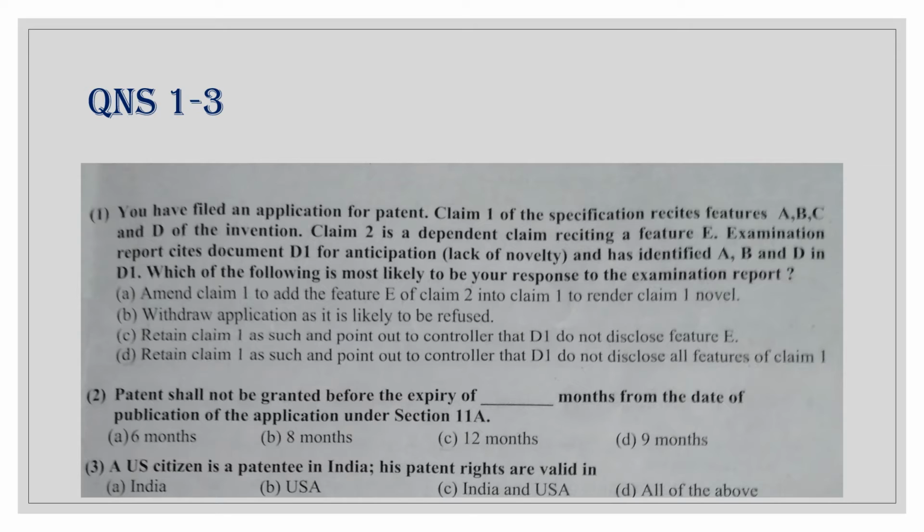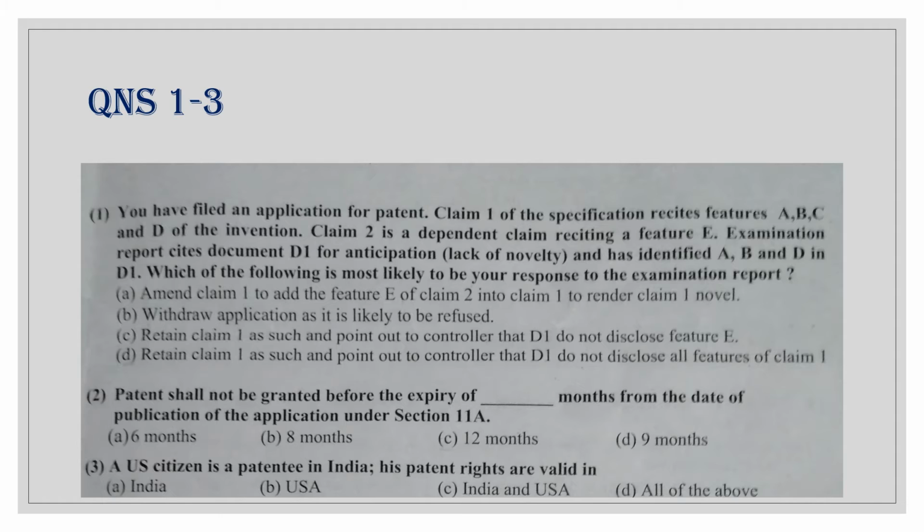We can very well see that feature C is not present in document D1. That means the examiner has not told that feature C is lacking novelty. Got the point? Now, which of the following is most likely to be your response to the examination report? Now, you will answer. Read option 1: amend claim 1 to add the feature E of claim 2 into claim 1 to render claim 1 novel.